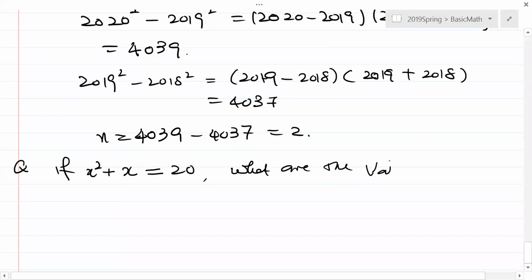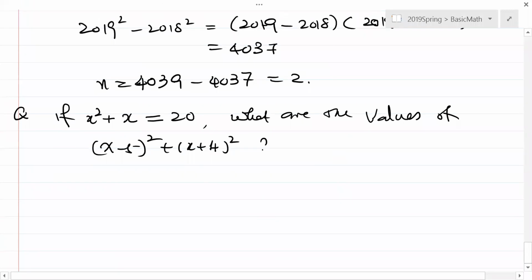I'll just do it: (x minus 5) squared plus (x plus 4) squared. Negative 1 squared plus 8 squared is 65. Guess and check does work.